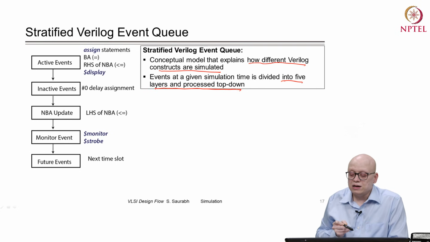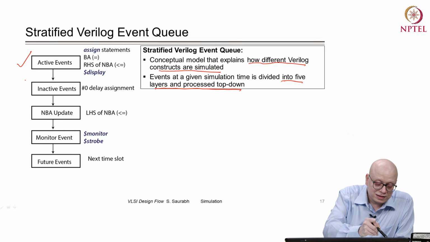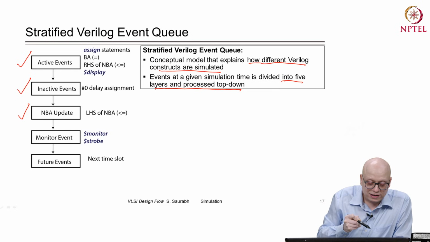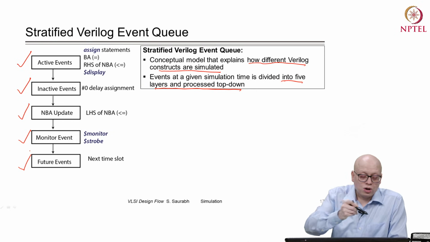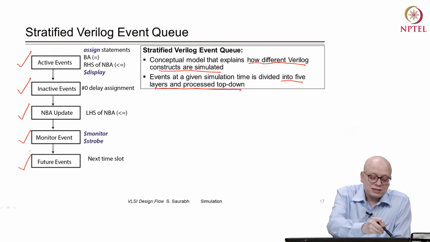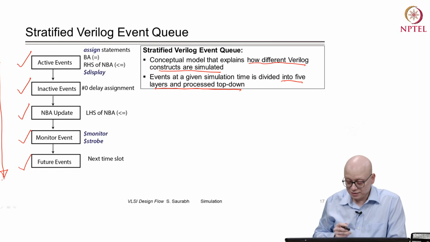And what are these 5 layers? The first one is active event, the next one is inactive, the third is non-blocking assignment update or NBA update, the fourth is monitor event, and the fifth is the future events. So, the events are processed top down in this manner.